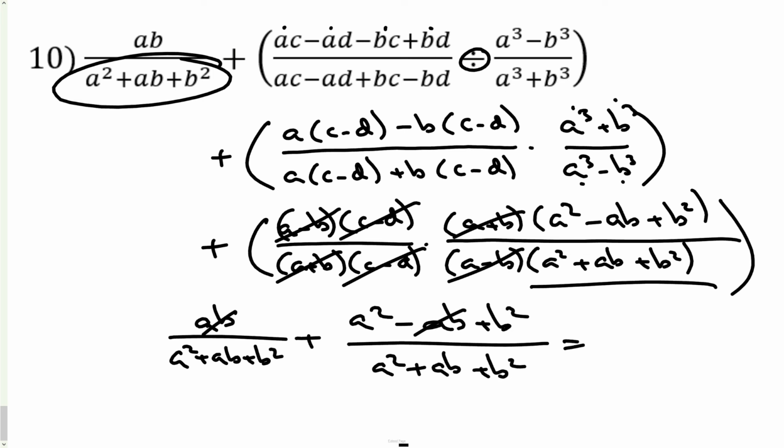This and this are opposites. So we're left with a squared plus b squared over a squared plus ab plus b squared, which does not factor, and it does not cancel, because there's not a 2 there.